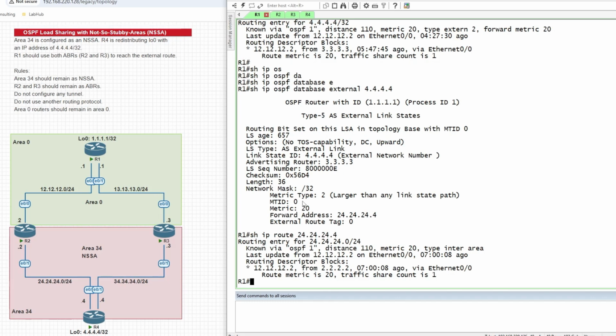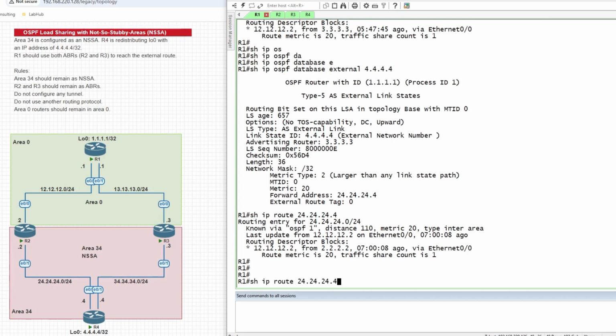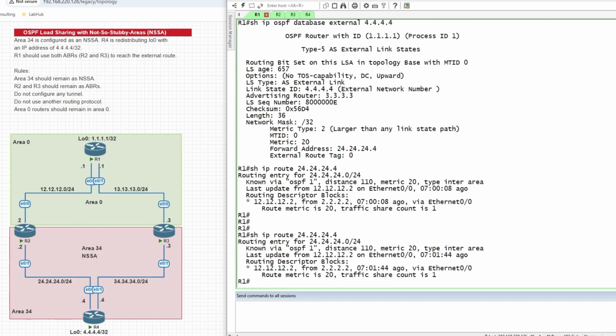So now we know why R1 is not load sharing, but how do we get it to load share? Based on what we know so far, if we can manipulate the forwarding address such that R1 has two equal cost paths to reach the forwarding address, so at this point it has just one path, then we can engineer load sharing from R1 through R2 and R3 to the loopback interface on R4.